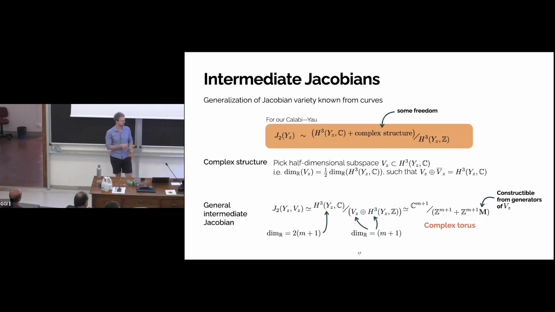You can also check that this is actually a complex torus, because the total space has complex dimension 2m+1, and each of these spaces separately has dimension m+1. So you can see that this makes sense as a complex torus. And with complex torus, I literally mean this generalization of the elliptic case, where you have some normalization, where you have a tau parameter in the upper half plane, and essentially you want a generalization of that.